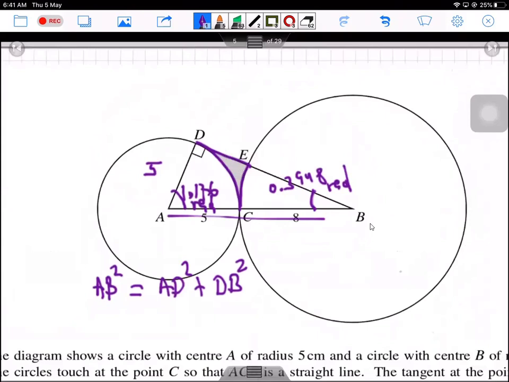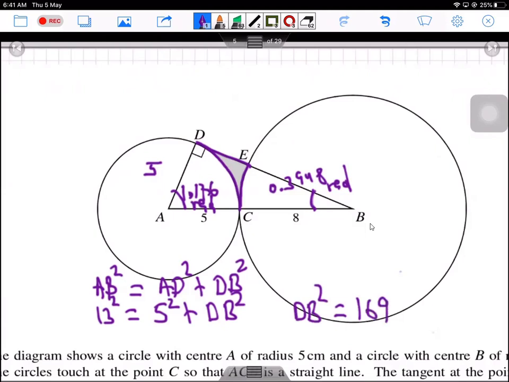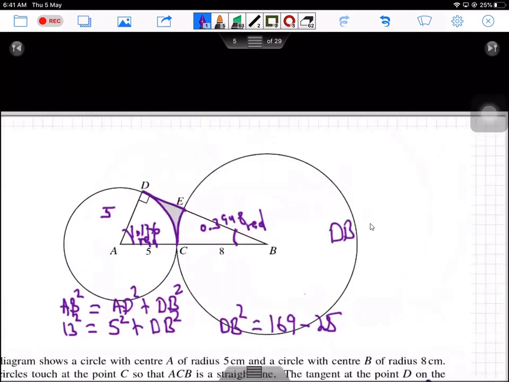AB is 8 plus 5, which is 13. So 13 squared is equal to 5 squared plus DB squared. So DB squared is equal to 169 minus 25, which is 144. Therefore, the length of DB is 12 centimeters.